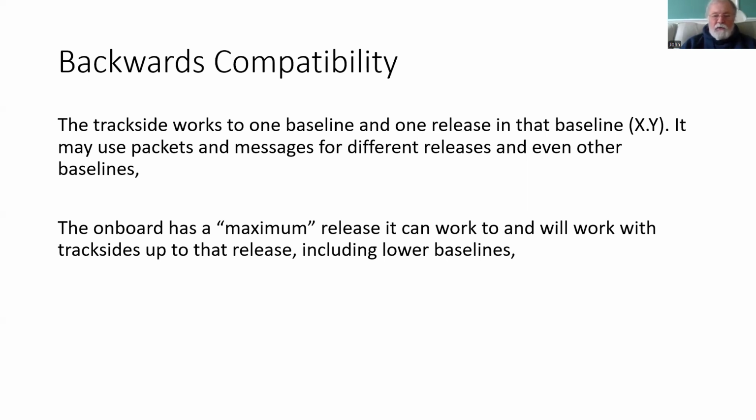That's the latest version of the baseline and the releases within it that the onboard is configured to work with. And so it'll work with any trackside up to that release, including potentially lower baselines. If the onboard encounters something which relates to a higher release, but within the same baseline, it will just ignore the information. But if it does encounter something for a later baseline, that will generally cause an error.